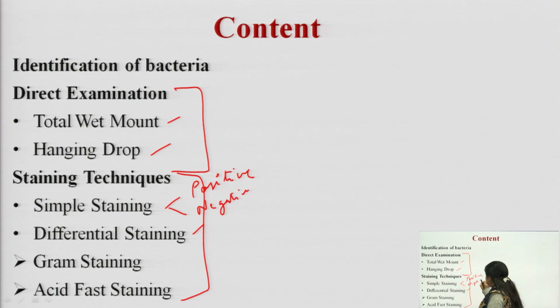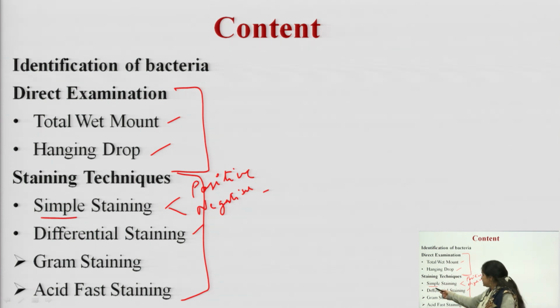Positive staining indicates that our cells will be colored, whereas our background will be colorless, whereas negative staining indicates that our cells will be transparent, whereas the background will be colored. So what is simple staining? Simple staining is a staining technique in which we just add a single dye either to stain the cells or to stain the background, so that cells can be observed using a bright field microscope.